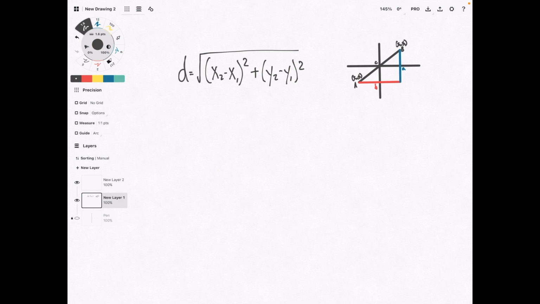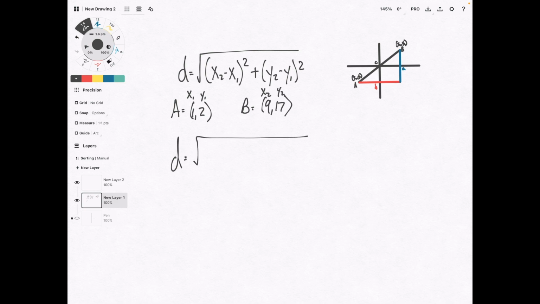Let's run through a couple examples. So the first one, we're going to have point A equals 1, 2. Point B equals 9, 17. In this example, this is going to be x1, y1. This is going to be x2, y2. So now we can plug it into our formula here. 9 minus 1 squared plus 17 minus 2 squared.